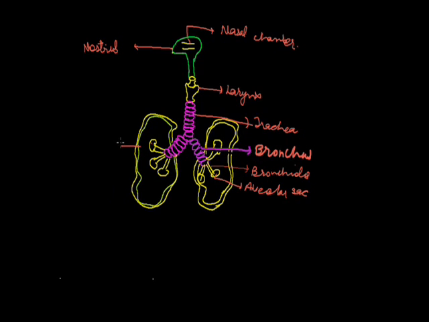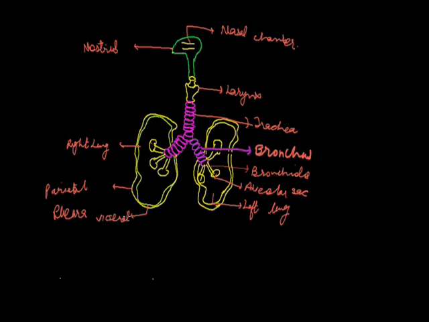This is the right lung. This is the left lung. Lungs are covered by two types of layers. The outer one is the parietal pleura, while the inner one is the visceral pleura. The space between these two layers is also present.